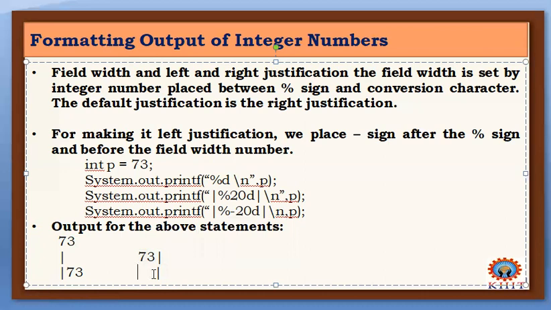If you want to print another number, then after these 20 spaces your number will be printed from here. So to do that you need to write -20d. So this is called formatting. Formatting my output means we have a provision to display the output however we want. That is called formatting output.